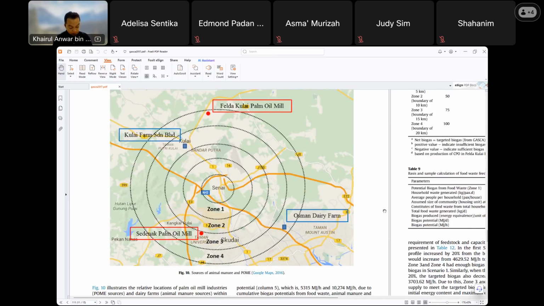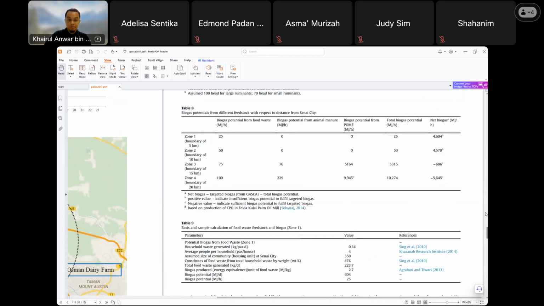Table 7 shows detail of household and dairy farm and palm oil mill for the case study. Table 8 shows the biogas potential produced from the available feedstock. So this is the table.